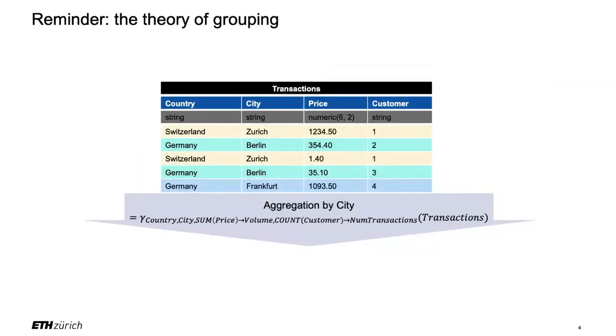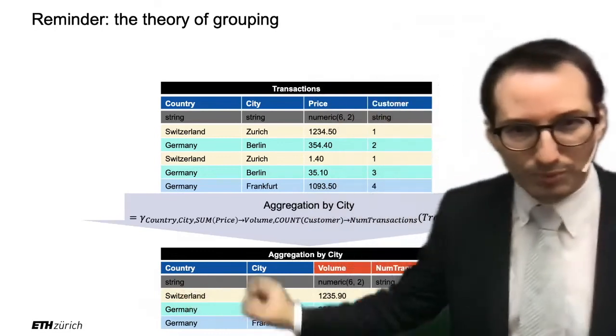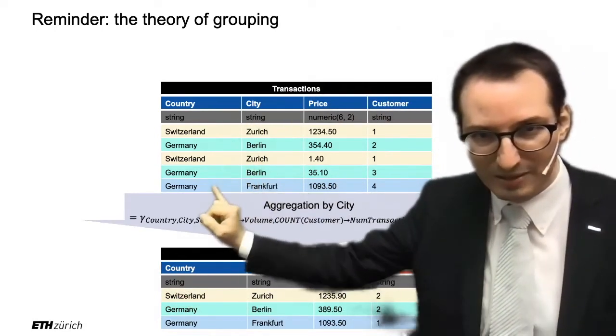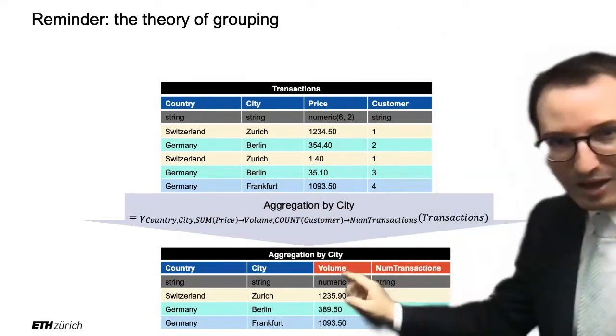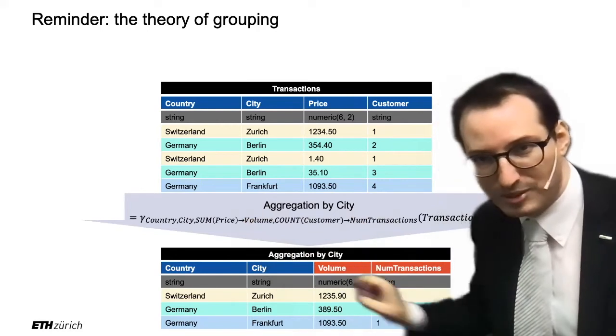Okay, so let's go back to our aggregation. So we group by country and city. So this is the colors. I put it with the colors. So we get here one record for every group, every unique global value here: Switzerland, Zurich, Germany, Berlin, Germany, Frankfurt. We have these new columns that are on the right side of the arrow, right? So volume and non-transaction.